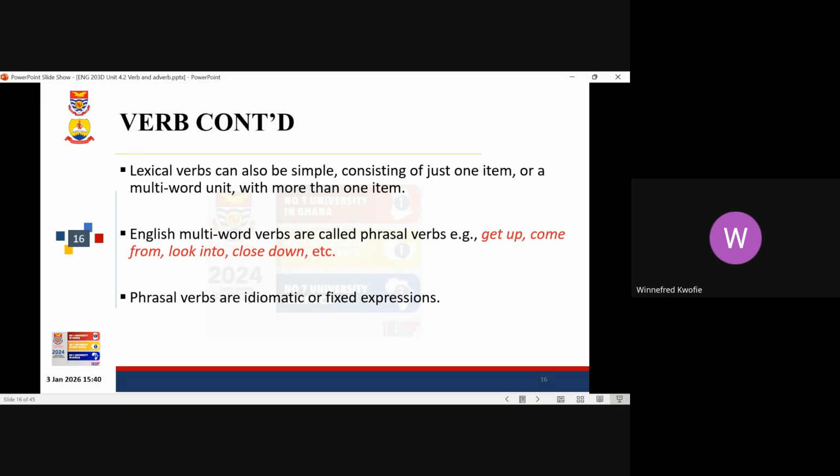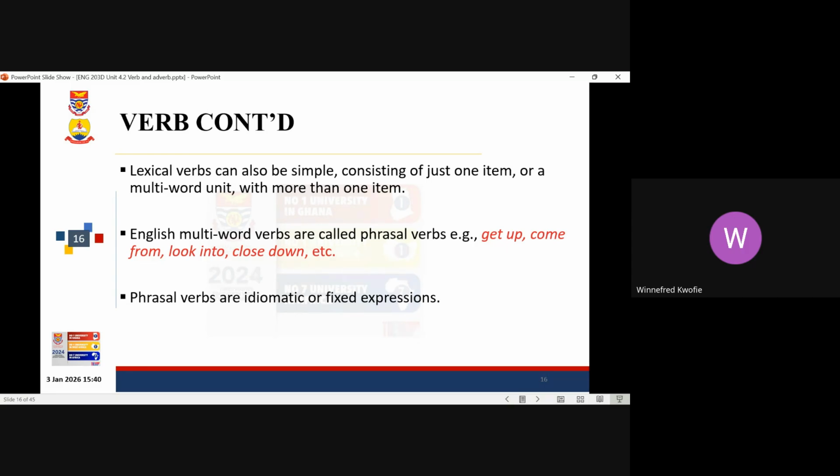The lexical verbs can be made up of single words, just one item, or they can be in a multi-word form, or should I say a compound form. For the single word form, consisting of just a single word, you can talk of walk, talk, and so on. And for the multi-word form, you can have close down, look into, and so on.